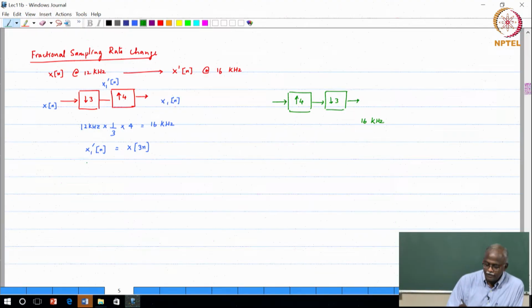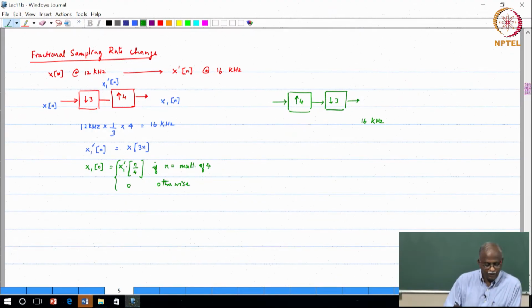The second equation says that x1 of n is equal to x1 prime of n by 4 if n is equal to a multiple of 4, and is equal to 0 otherwise.